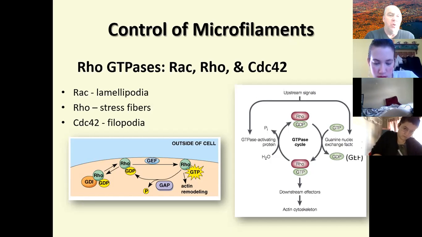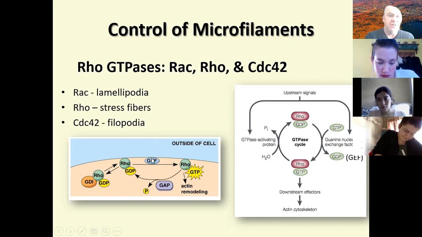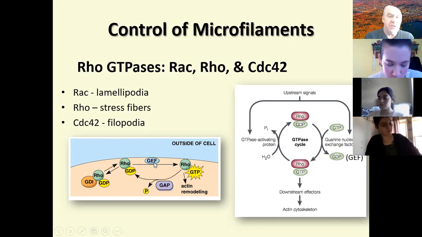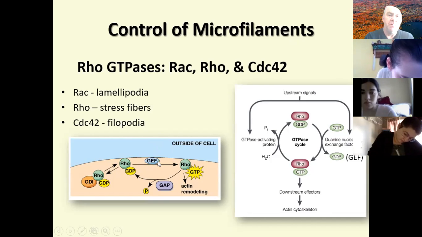And these proteins will be activated by a receptor. This receptor is kind of generically called a GEF, guanine nucleotide exchange factor. So when the chemical binds, the receptor becomes a GEF. What the guanine nucleotide exchange factor does then is it will interact with the G protein and cause the G protein to release GDP.